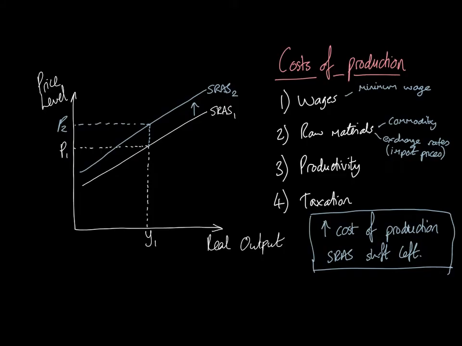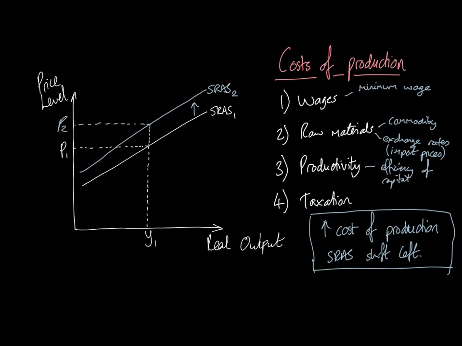The third point then, productivity. This is all about how much output the businesses within an economy get from their capital. So this is the efficiency, I suppose, of the capital that we have within the economy.